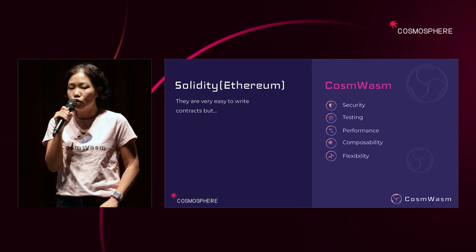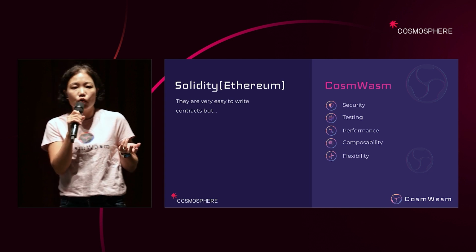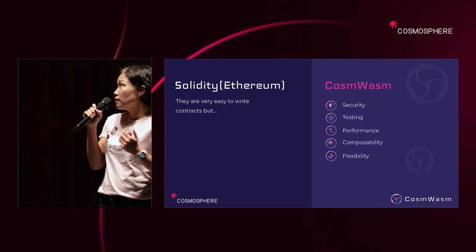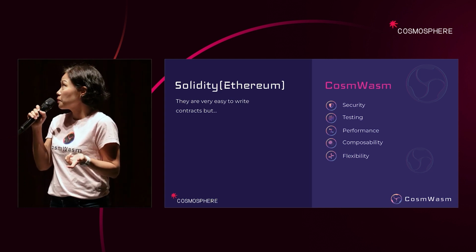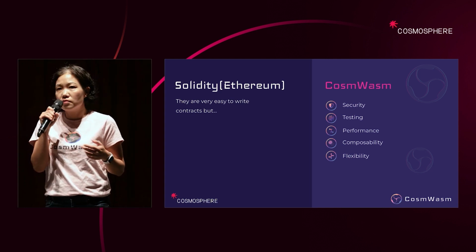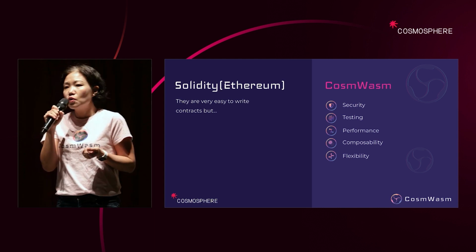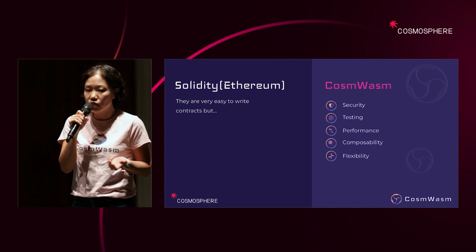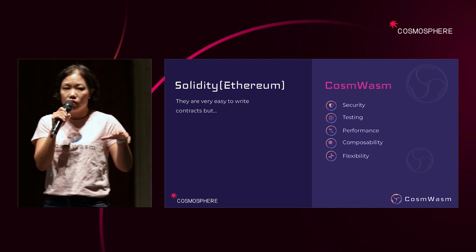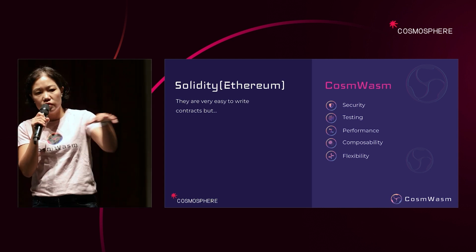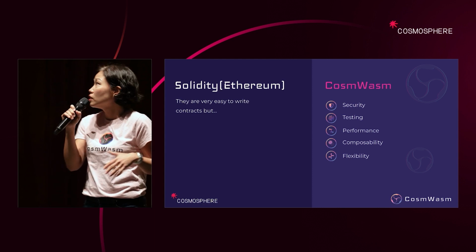And testing, like unit testing in Solidity, is quite difficult. But CosmWasm offers multiple levels of testing, including unit, integration, and full stack testing. Also, CosmWasm can handle high transaction throughput, processing hundreds of transactions per second. Since CosmWasm contracts can be deployed on multiple chains, we can share the load and keep the cost low.